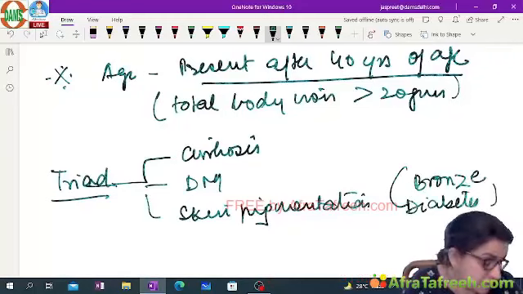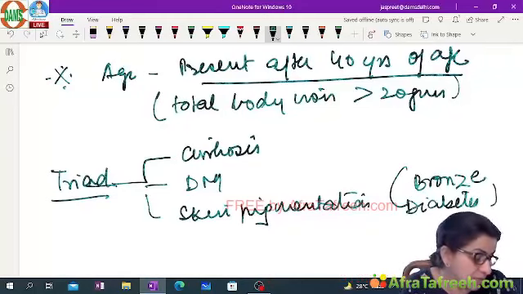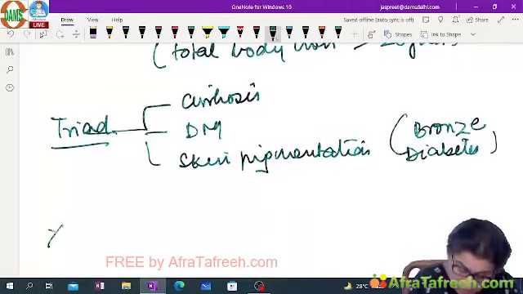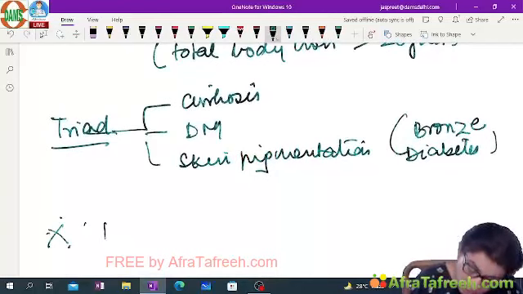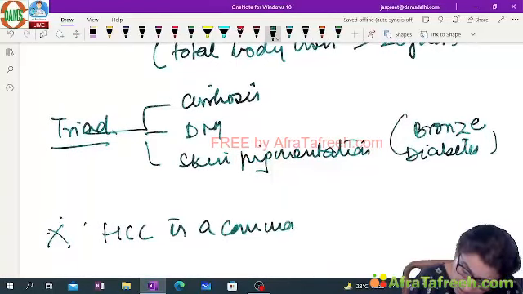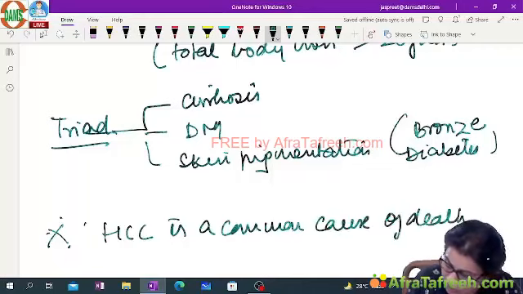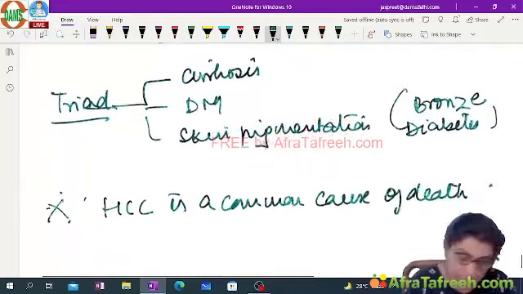And there is increased risk of hepatocellular carcinoma. Hepatocellular carcinoma is a common cause of death in these patients.